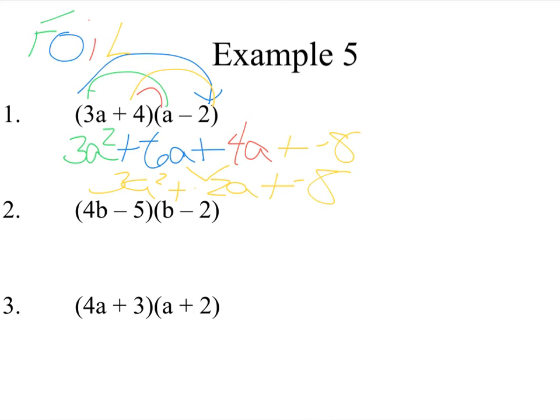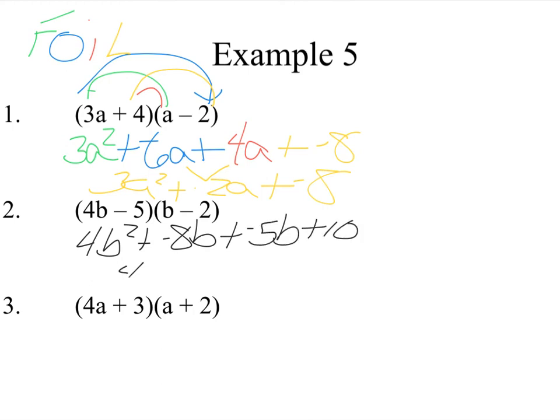So looking at the second one, using the FOIL method, we have 4b squared plus negative 8b plus negative 5b plus positive 10. Middle two add together and you get 4b squared plus negative 13b plus 10.